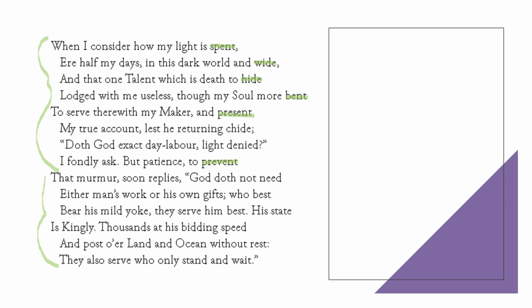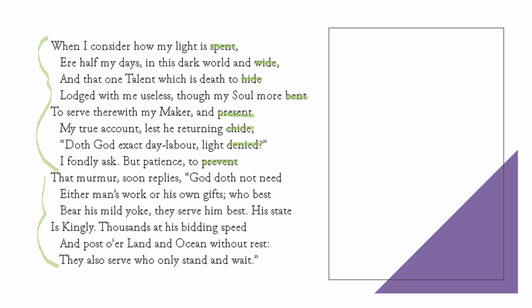So when we have a look at these 4 words, spent, bent, present, and prevent, we can see how these words rhyme. And then moving to chide and denied. Wide, hide, chide, and denied rhyme. So ABBA, ABBA.